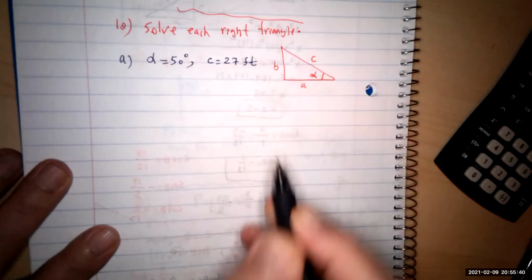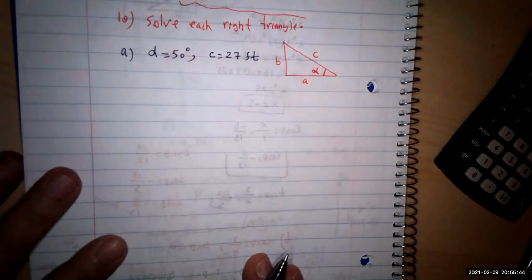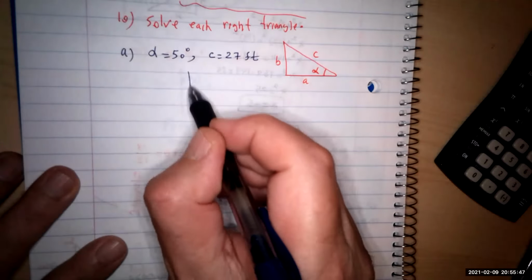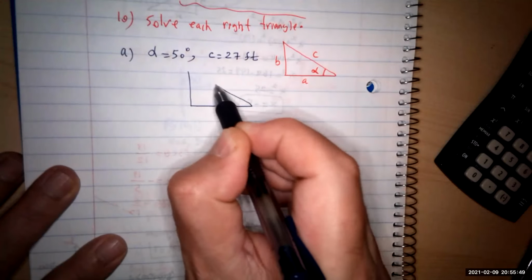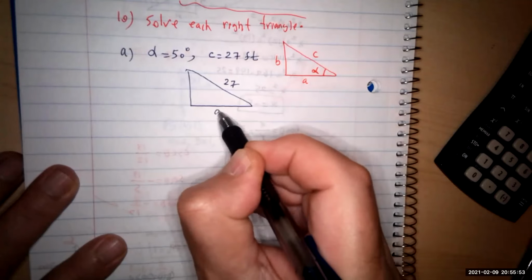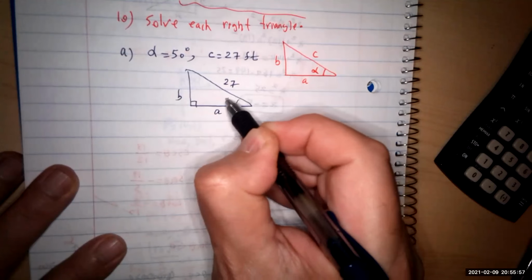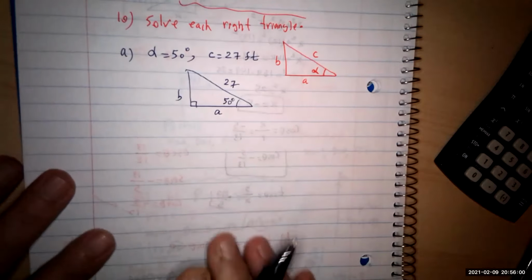The hypotenuse, if you like. So in case one, this is where we are. This is 27, so A and B are missing, and the angle is 50 degrees.